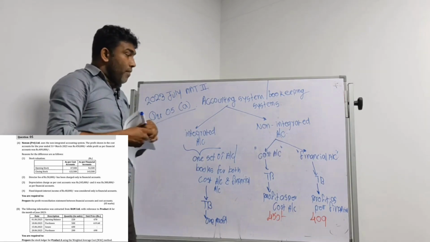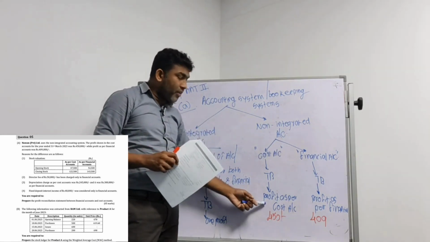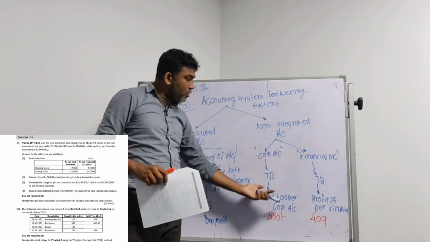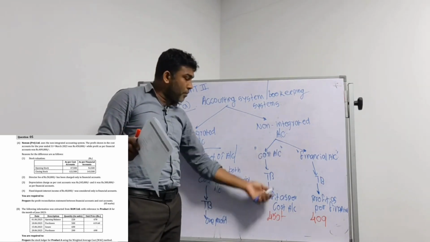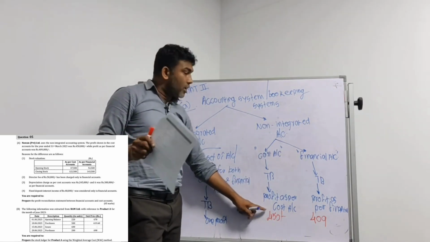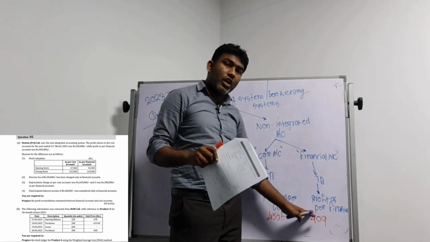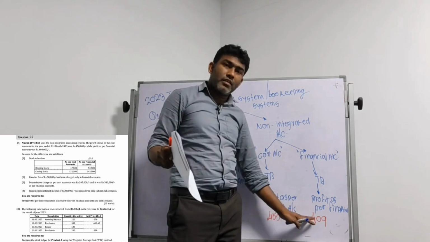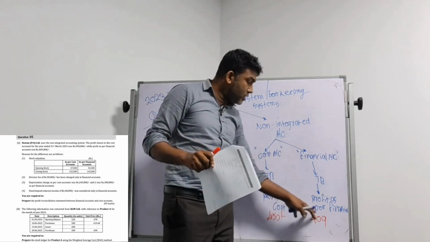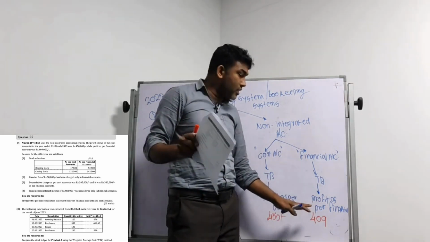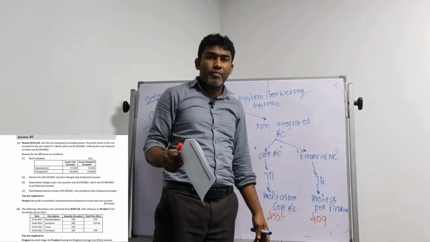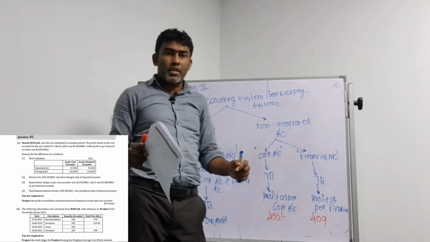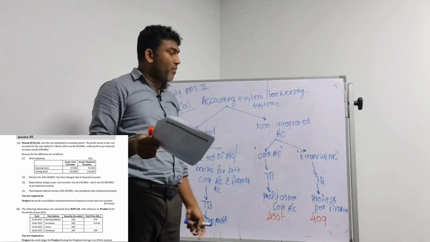Now see, when you are calculating the cost profit, you will use separate basis, separate principles, right? When you are calculating the financial profit, you will use accounting standards, a separate basis, then separate principles. Since these are two separate bases, these profits will not be the same. The question in the exam is, then they will ask you to do a profit reconciliation.